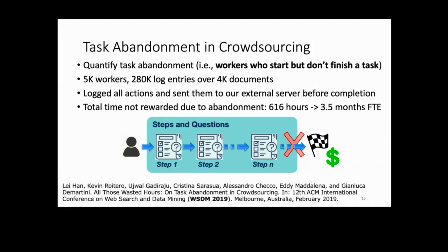So it's a huge phenomenon, and again, we didn't know about it until we actually ran an experiment in which we were able to observe, thanks to this logging embedded in the task, what workers are doing before completing. So this is the very first question we wanted to answer: how many finish, how many don't, and when do they stop in the process.